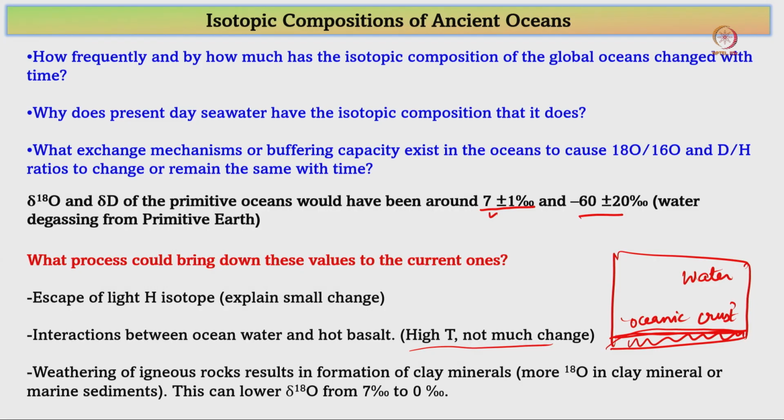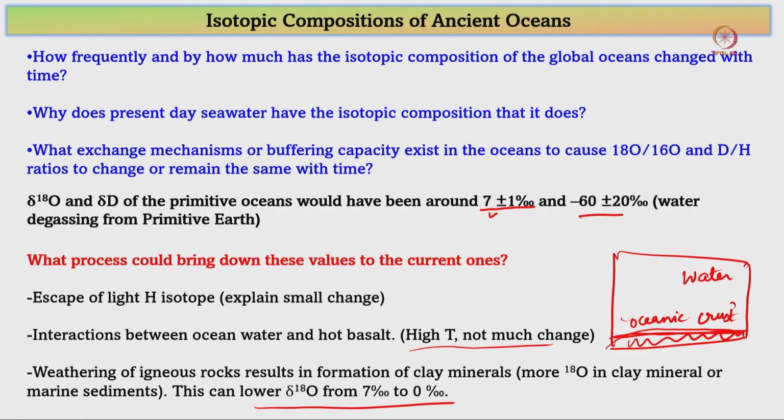It is found that the delta 18O can change when such low temperature alterations and weathering activities are going on. That is a huge implication, where it can change from 7 parts per mil to 0 parts per mil.